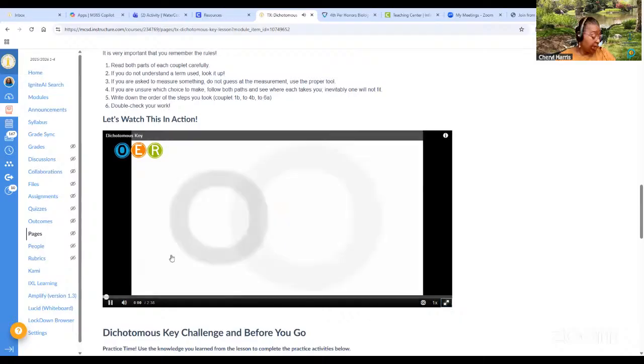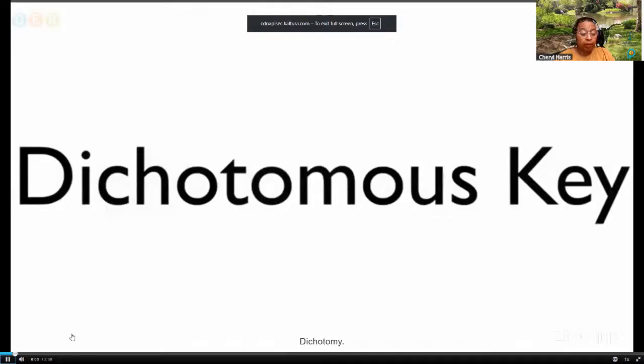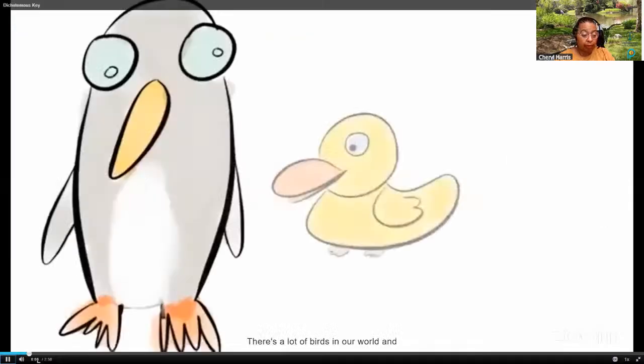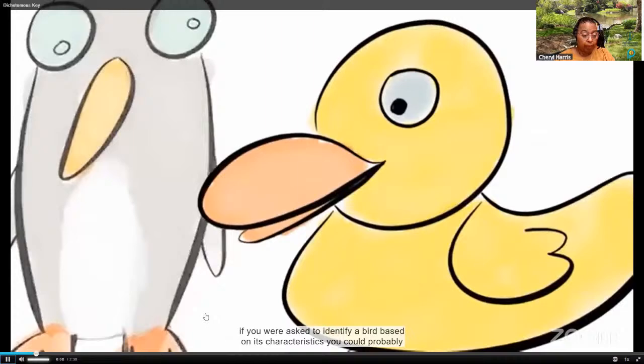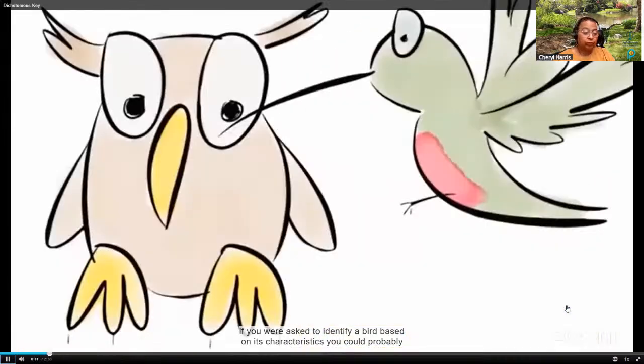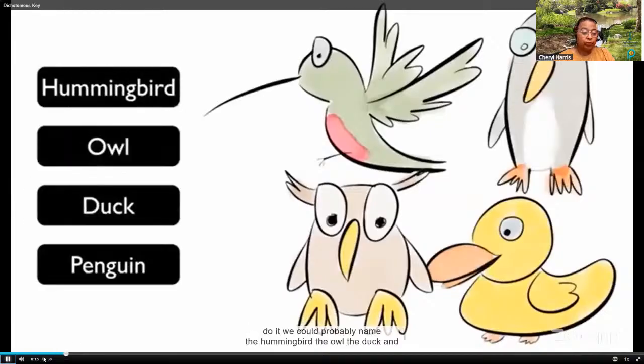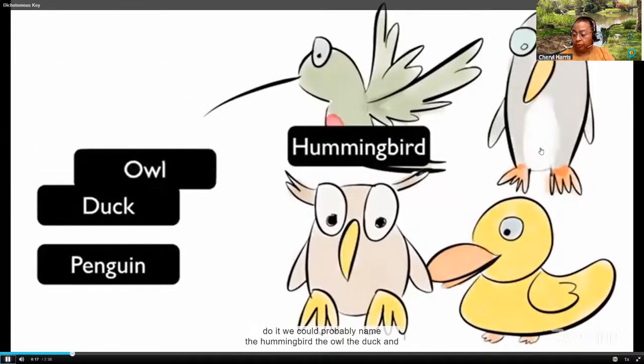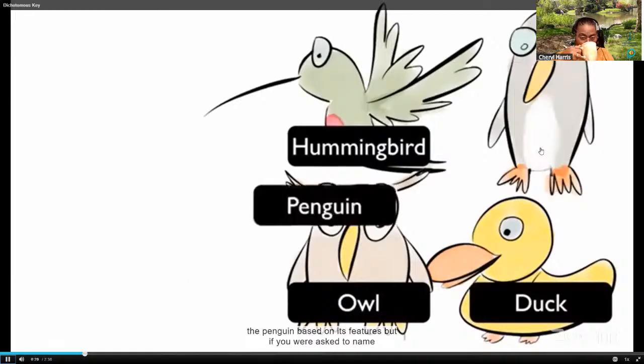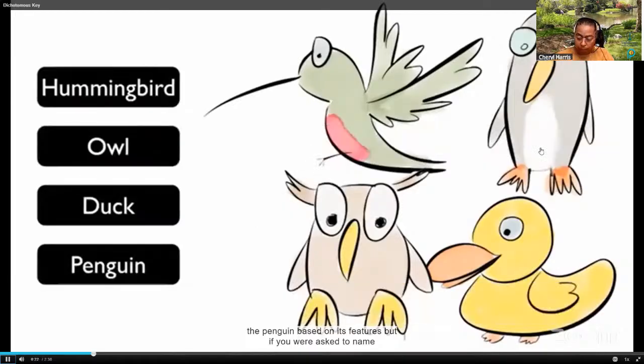It's loud. Dichotomous key. Not so loud. There's a lot of birds in our world, and if you were asked to identify a bird based on its characteristics, you could probably do it. We could probably name the hummingbird, the owl, the duck, and the penguin based on its features.